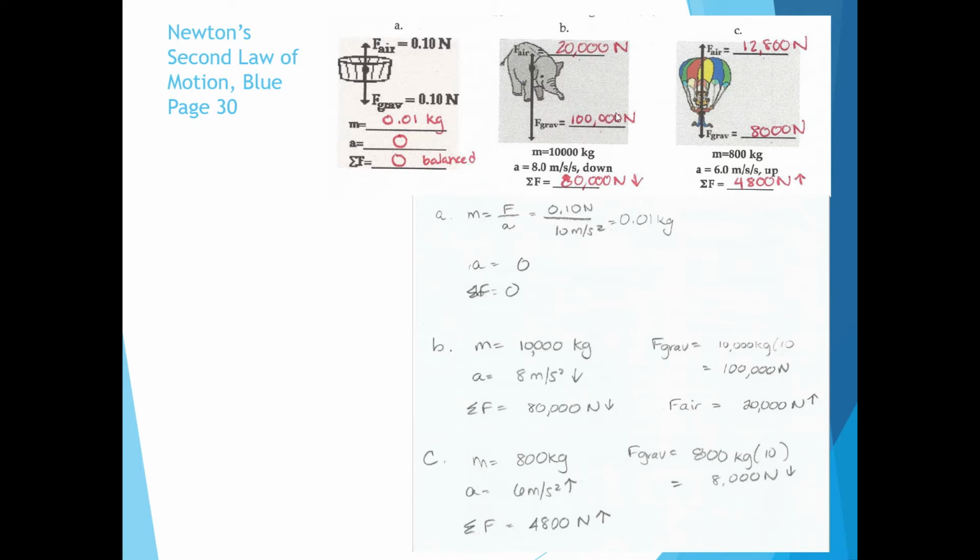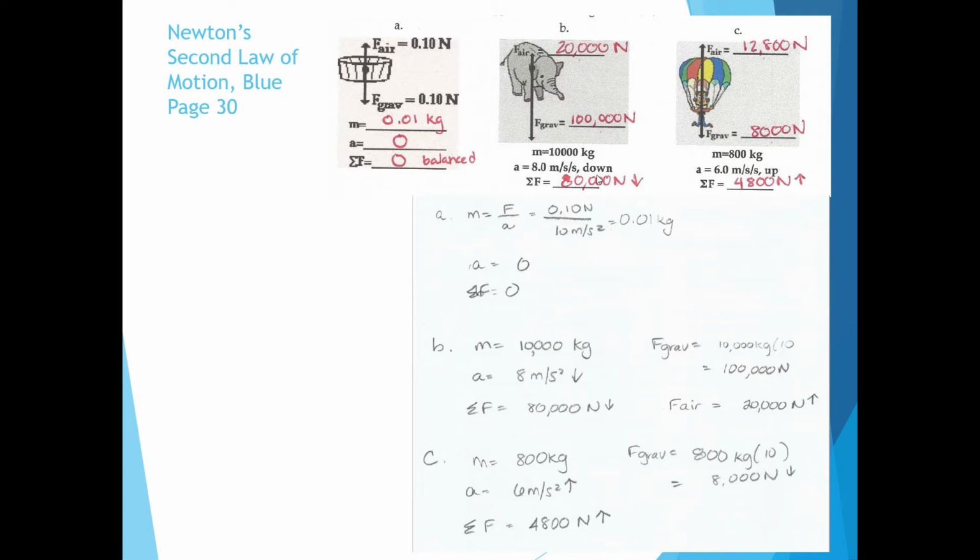So in order to take a look at this, we know that there's 100,000 newtons down here for the gravity. We know overall this one has to be larger than the F air by 80,000. So that would yield this to be 20,000 up. And if we look at this, 20,000 up and 100,000 newtons down, we still end up with a net force of 80,000. So that's always a good check when you're finishing these up.